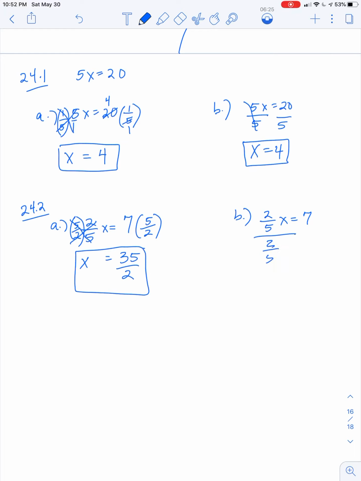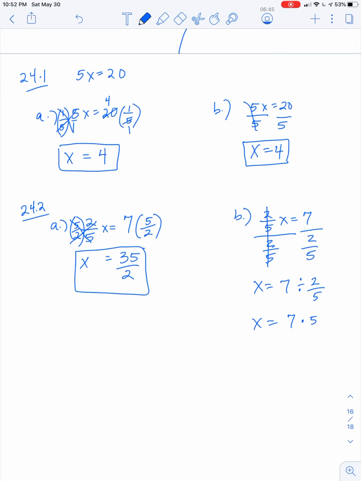Here's the long way. I can divide both sides by 2/5. So when you have a fraction with your x being multiplied, this is a little bit longer way. So I would have x equals 7 divided by 2/5. See how it's going to make some extra steps for us here?